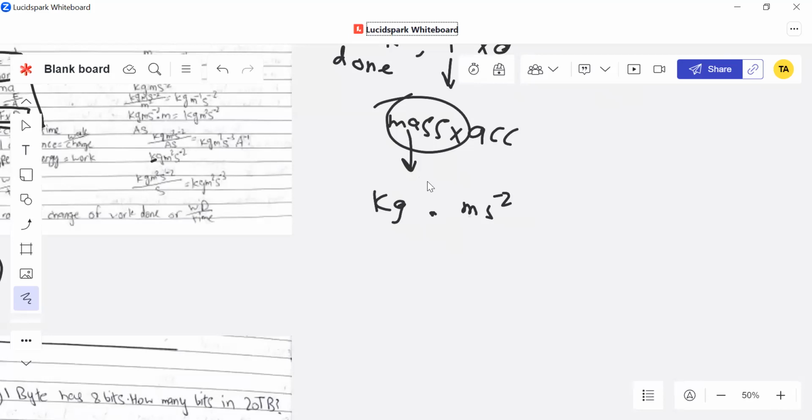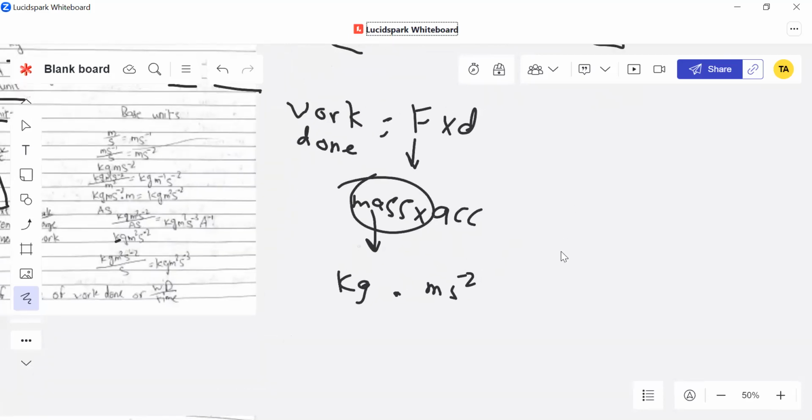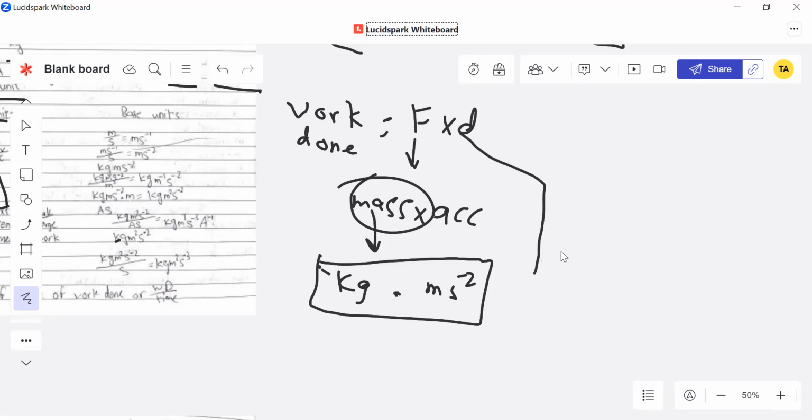So acceleration is ms negative 2. And this is the base unit for force, kg ms negative 2. Now distance, as I said, is a base unit. So it will have meters as the unit. Now I see 2 similar units. I have 2 meters, right? So what is the power of these 2 meters? Whenever something doesn't have a power, I simply say that it's +1. The power of the units that doesn't have any power is +1.